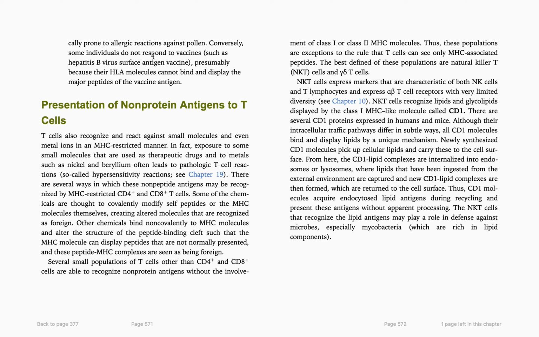Conversely, some individuals do not respond to vaccines, such as the hepatitis B virus surface antigen vaccine, presumably because their HLA molecules cannot bind and display the major peptides of the vaccine antigen.